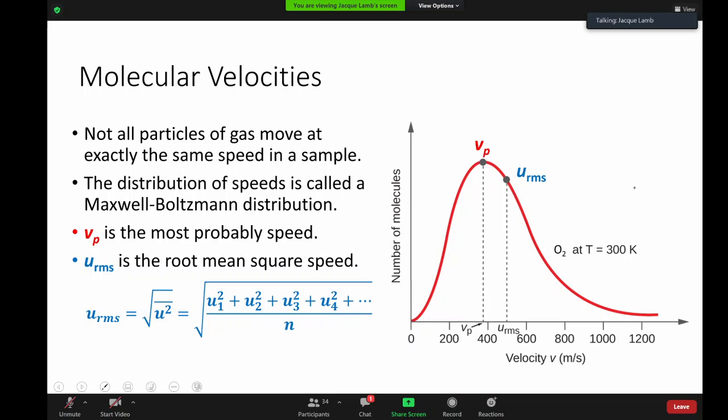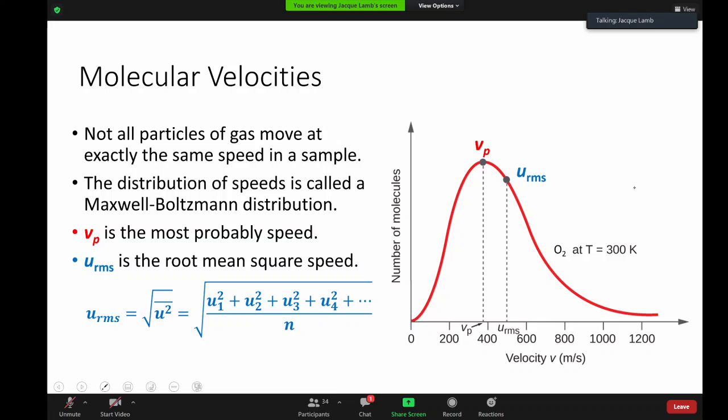So let's talk a little bit about molecular velocities. We talk about average kinetic energy. Not all particles of a gas in a sample will move at exactly the same speed. Some of them will be moving faster, some of them will be moving slower. That's why we talk about the average kinetic energy and average speeds.